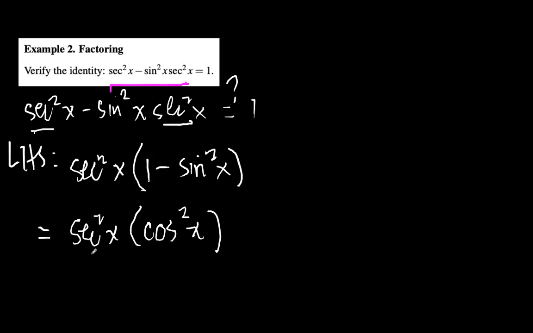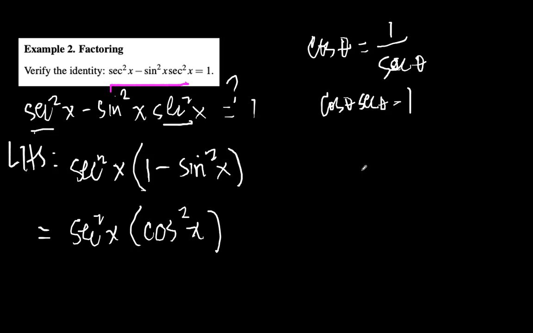Right? And what do we know about secant and cosine? We know, guys, that cosine theta is equal to 1 over secant theta, or we could say that cosine theta times secant theta is just equal to 1, correct?